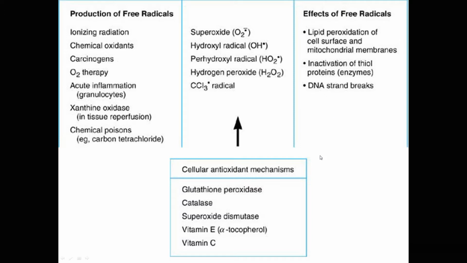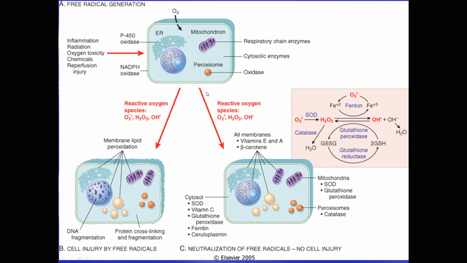Free radicals are counteracted by some cellular antioxidant mechanisms, especially degrading enzymes such as glutathione peroxidase, catalase, dismutase, and vitamins E and C. Here, this slide summarizes the generation, under the effect of the already mentioned factors, of radicals in the cell and their effect on the cells.